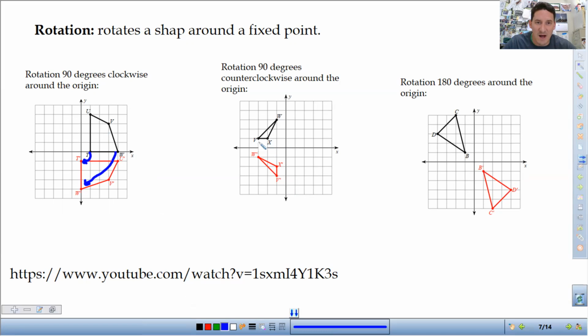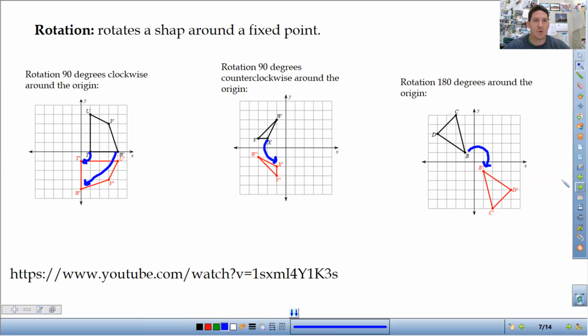This one is counterclockwise 90 degrees. If we track the X, it's getting rotated counterclockwise 90 degrees. And then this was rotated, it doesn't matter clockwise or counterclockwise, because it's 180 degrees. So each point is rotated 180 degrees.